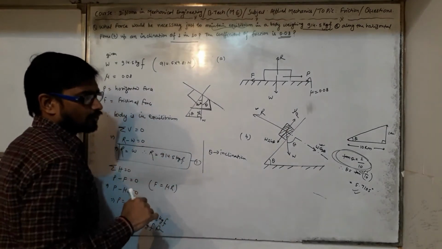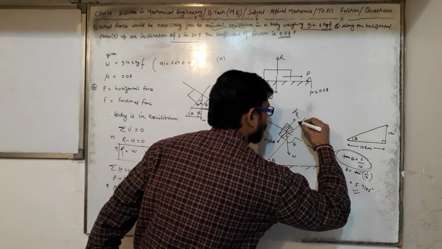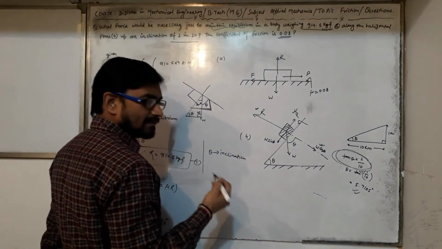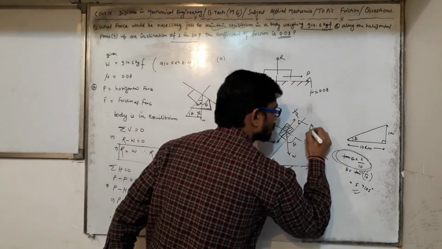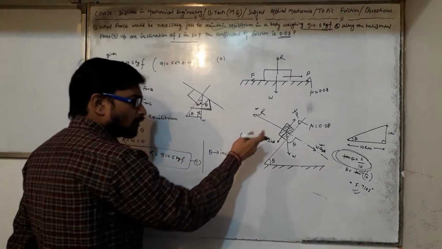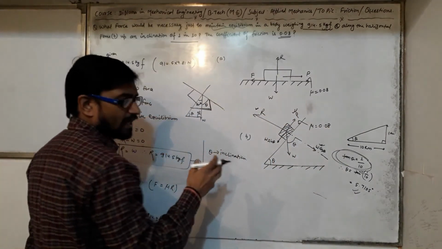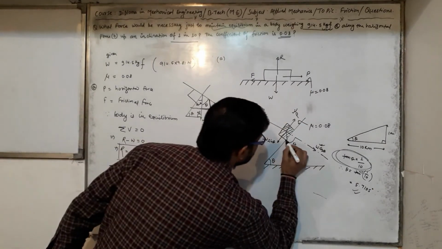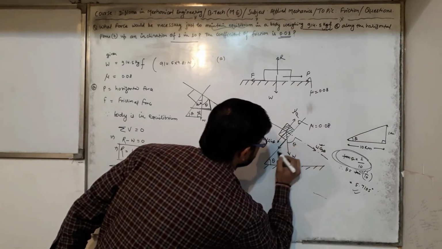So frictional force: since the body and surface both have some friction, the frictional coefficient is also given, 0.08. If the body has a tendency to move in the upward direction, then the frictional force would act in the downward direction, isn't it?